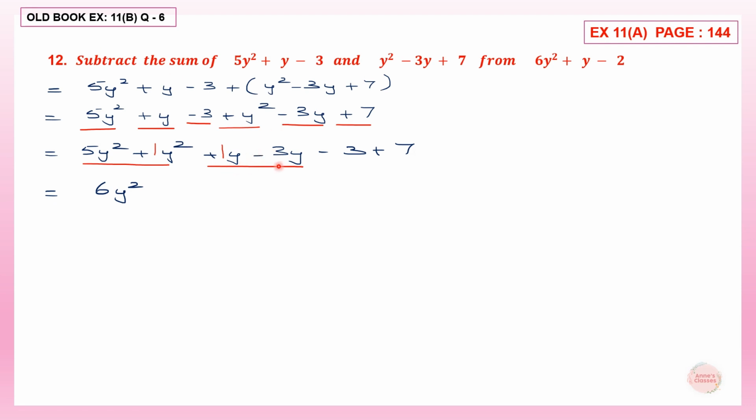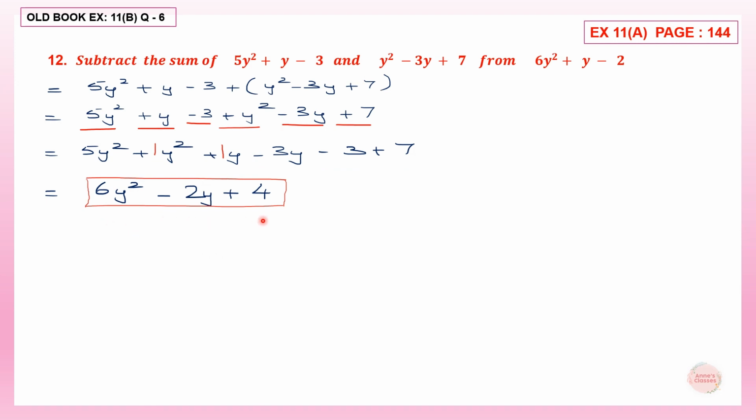Plus 1 minus 3. Signs are different. So we put the sign of the bigger number and we subtract. So that is minus 3 minus 1 is 2. Next, the numbers here, minus 3 plus 7. Signs are different. Put the sign of the bigger number and subtract. So that is plus 7 minus 3 is 4.